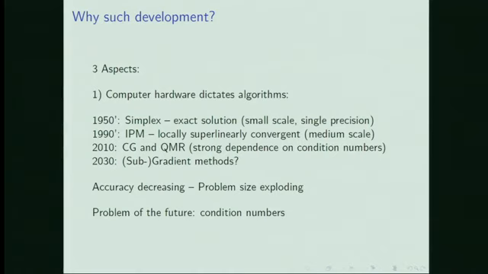The conjugate gradient methods, the iterative methods for linear systems, strongly depend on condition numbers, and the subgradient methods for the future definitely will do so too. So the accuracy that we are receiving goes from exact to superlinear, and the accuracy tends to be decreasing. We get less good approximations, and the problem size is increasing. So in particular, the discussion and analysis of condition numbers will remain interesting.